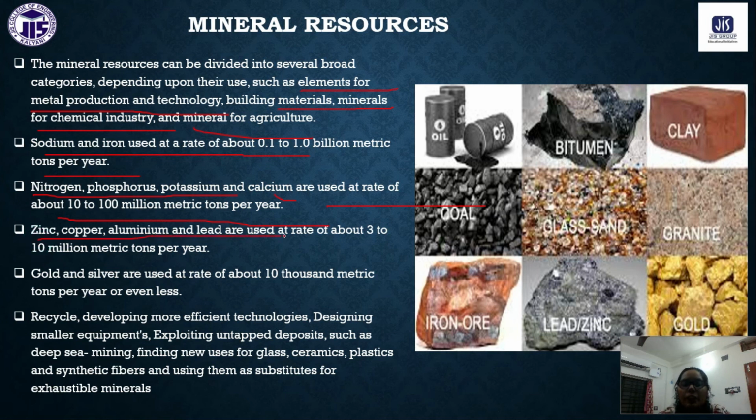Zinc, copper, aluminium, and lead are used at a rate of 3 to 10 million metric tons per year. You can see we are using these mineral resources in a large amount. So this excessive use of minerals will be very harmful for our sustainability.